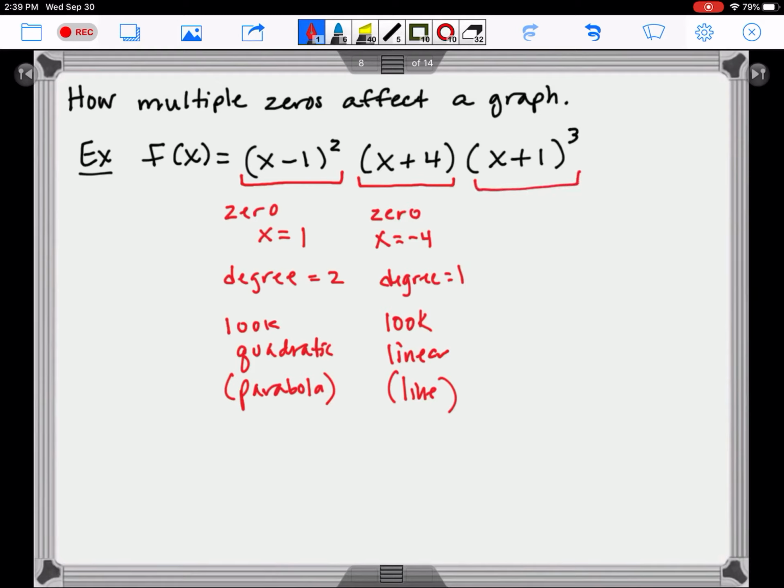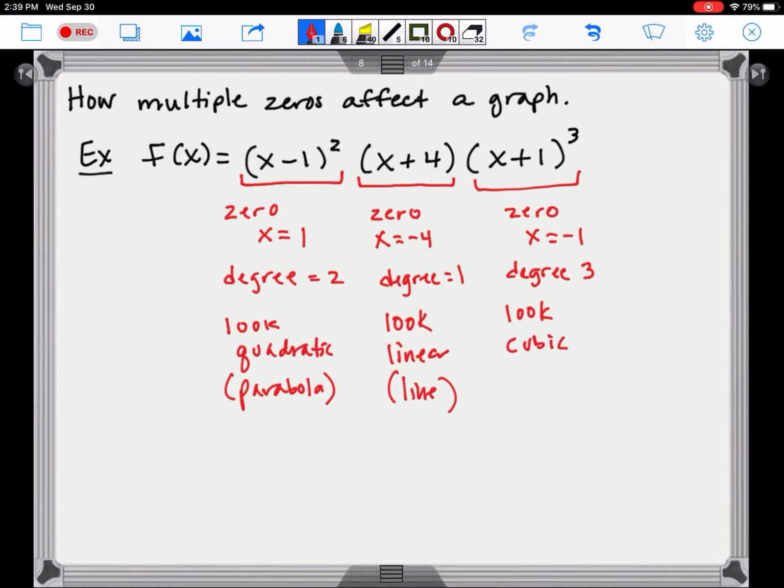And then last here, I have x plus 1 quantity cubed. Its zero is negative 1. And with that, it has a degree of 3. So that means at x equals negative 1, it's going to look cubic.